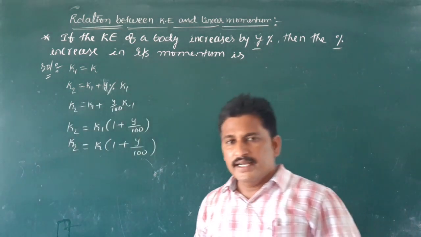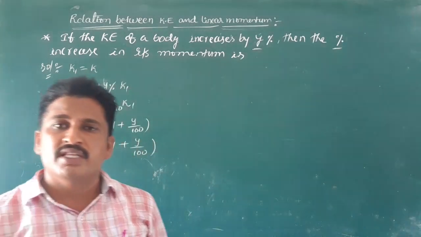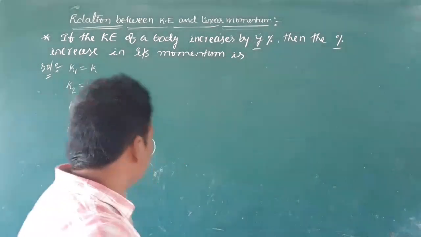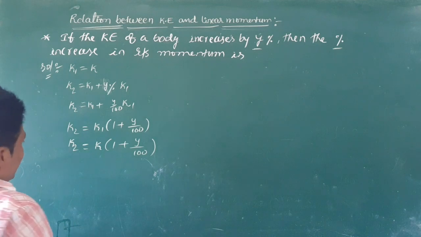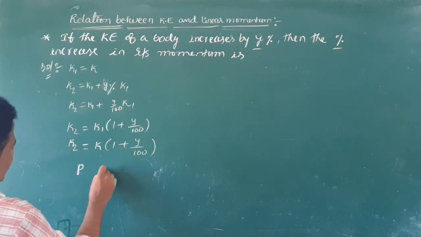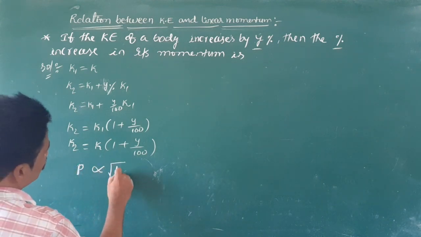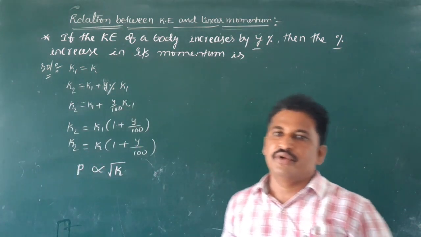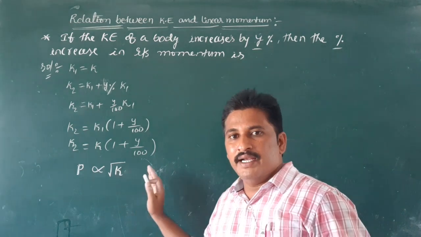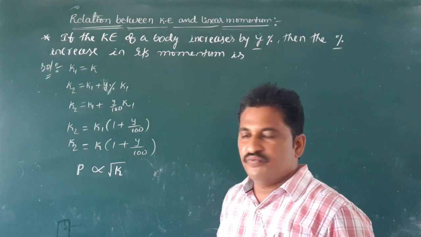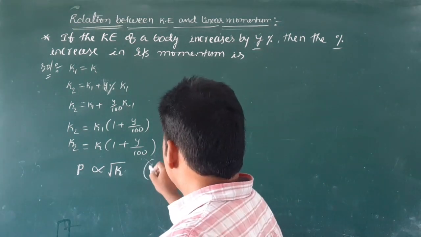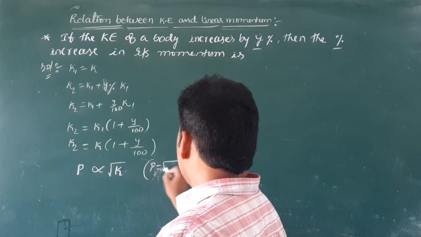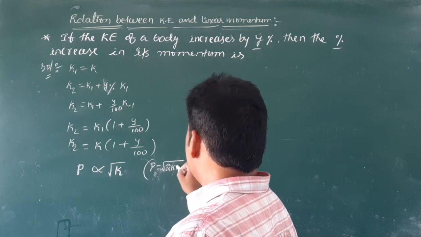Okay. And also we know the relation between the linear momentum and the kinetic energy. Linear momentum P is directly proportional to the square root of kinetic energy, based on the previous one. Here mass is constant in this expression. Already we know that P is equal to the square root of 2Km.